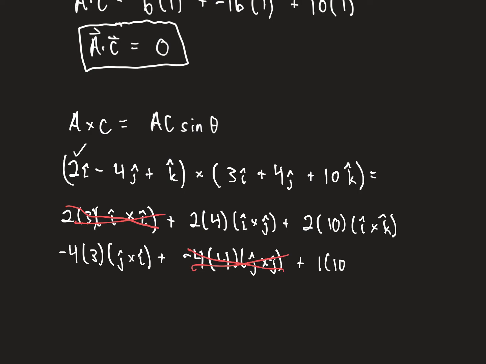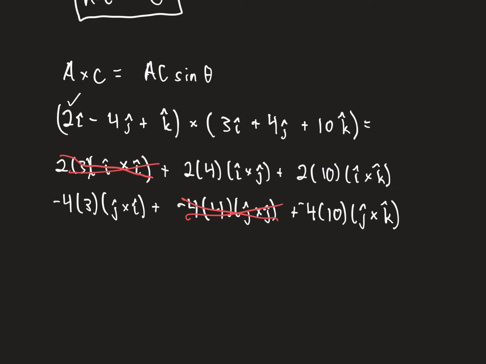Or sorry, no. -4 times 10, j hat cross k hat. Okay, got that distributed.